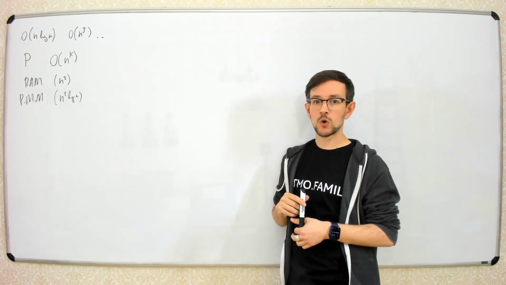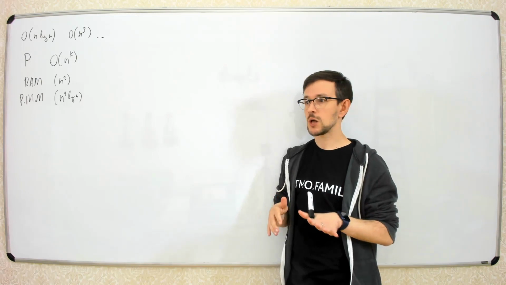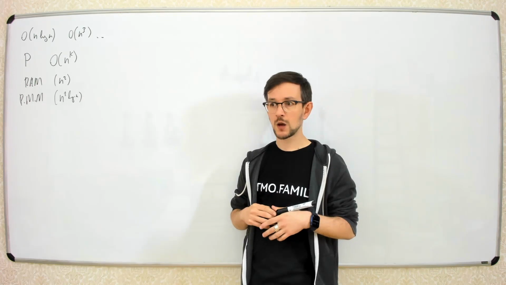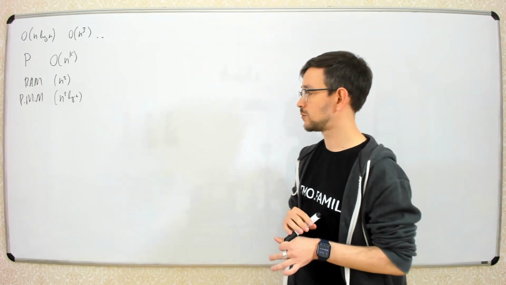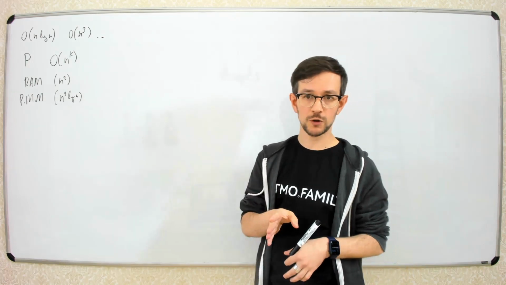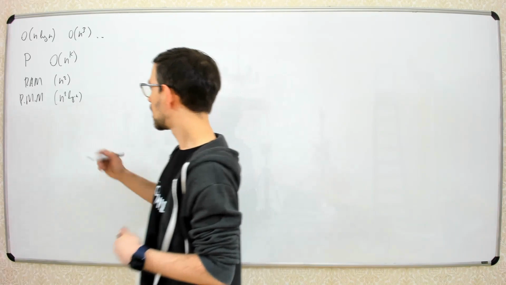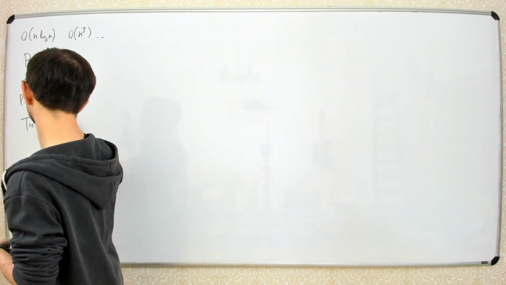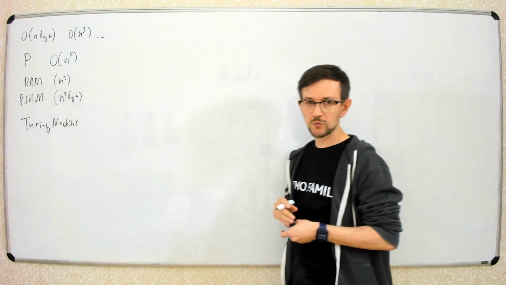So we will work in a very simple computational model, since we don't actually depend on the computational model. One of the simplest computational models is the Turing machine. The Turing machine works the following way.